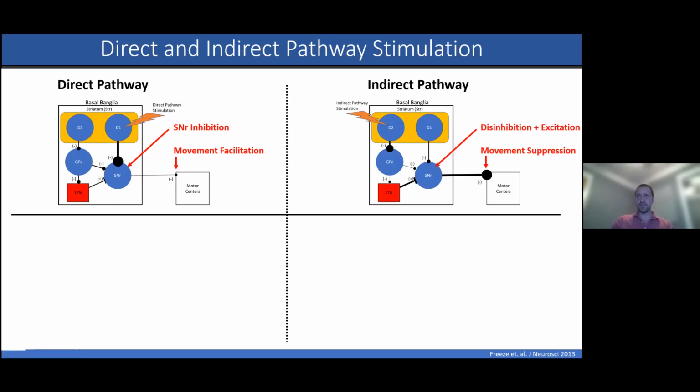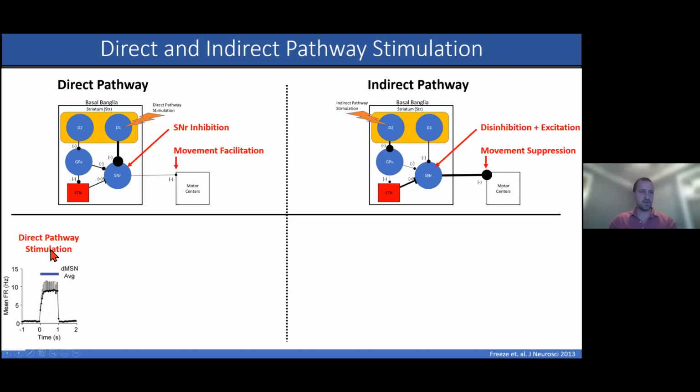In contrast with the indirect pathway, if you stimulate the D2 neurons, then you inhibit these GPe neurons, which disinhibits the SNR, but it also disinhibits the STN, which provides an increase in excitation to the SNR. So the net effect on the SNR is disinhibition plus excitation, which will increase the inhibition of motor centers and suppress motor output. And this is what we see in experiments.